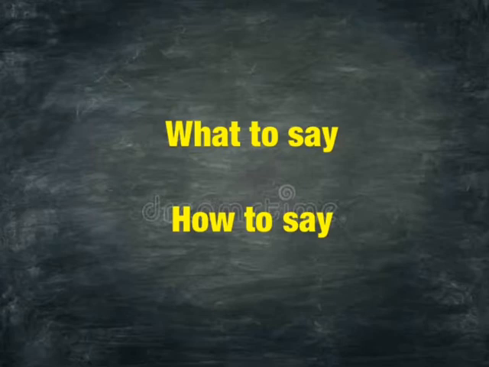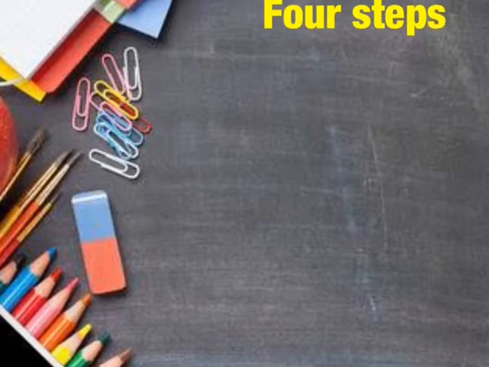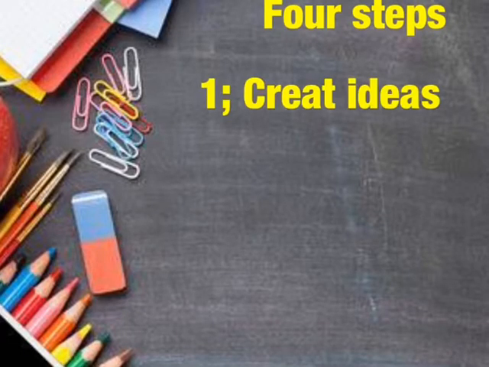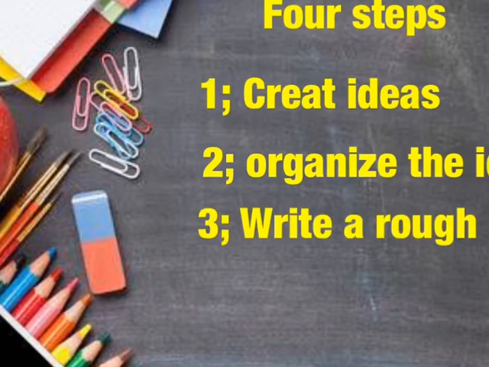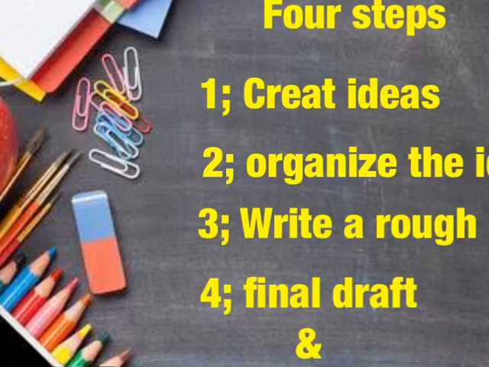You write and revise, and write and revise again, until you are satisfied that your writing expresses exactly what you want to say. The process of academic writing has roughly four steps. In the first step, you create ideas. In the second step, you organize the ideas. In the third step, you write a rough draft. And in the final step, you polish your rough draft by editing and making revisions.